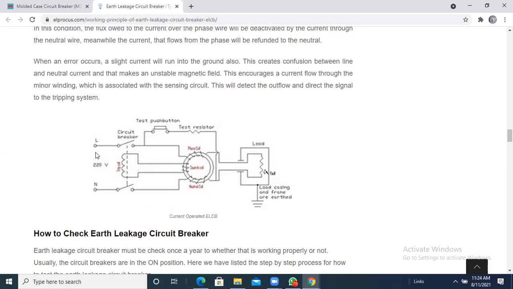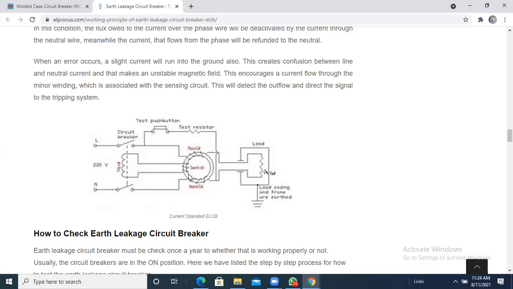This is the circuit breaker, in between the supply and the load. The load casing and frame are grounded, earth. So in between the supply and the load there is the ELCB. This entire thing is the current operated ELCB.